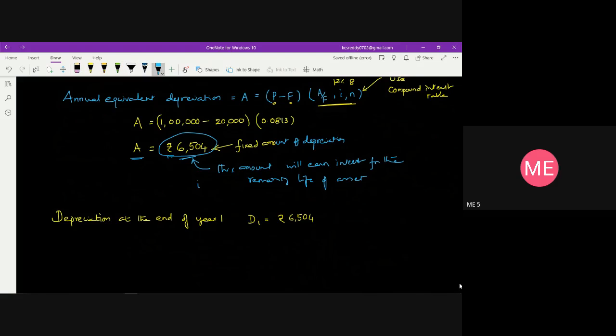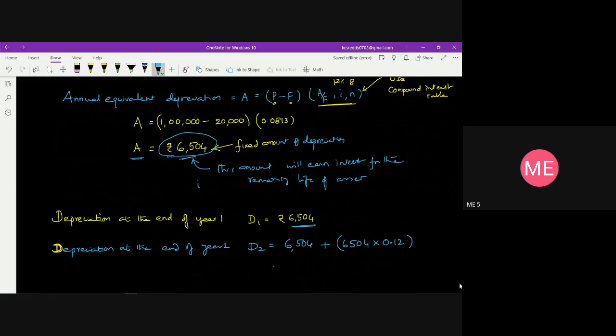But when you come to the second year calculation, that is depreciation at the end of year 2, how are we going to calculate it? I'm just explaining here. D2 is the fixed depreciation, that is 6504, plus the amount earned, that is 6504 into the 12% rate of interest, that is 6504 into 0.12.